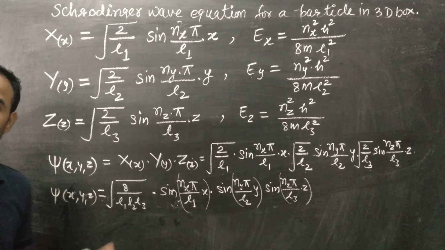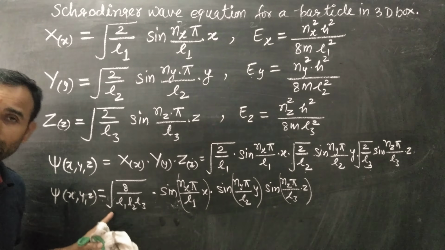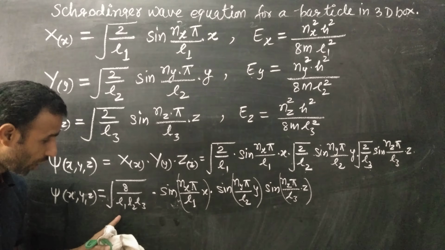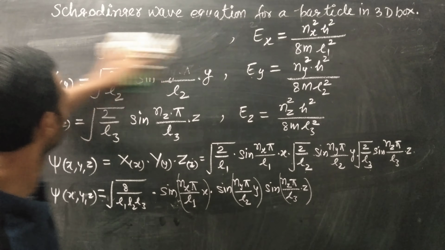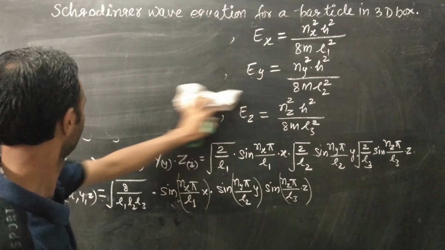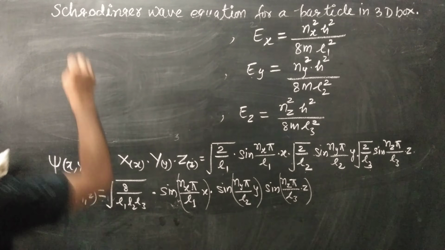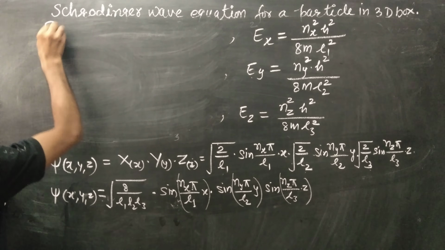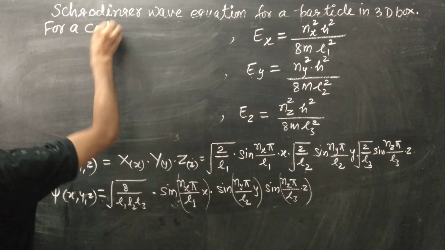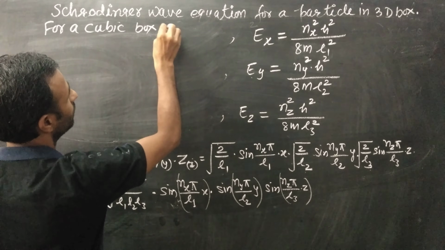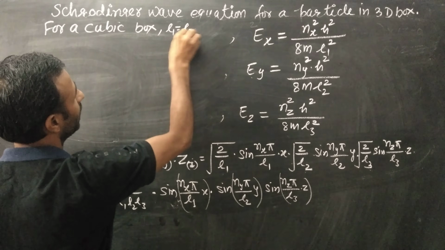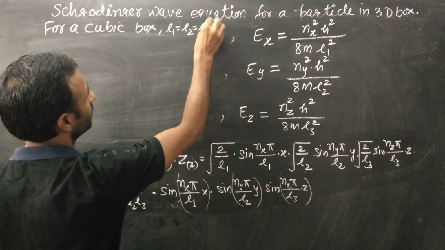So this is psi for a particle in a 3D box, but for a cubic box, L1 is equal to L2 is equal to L3.